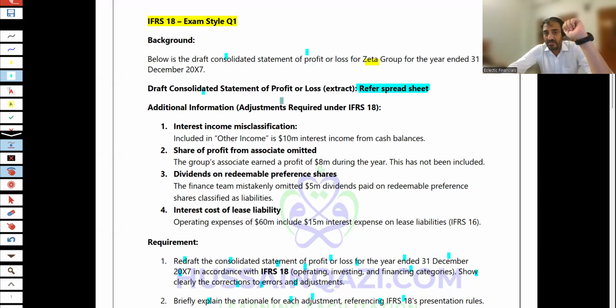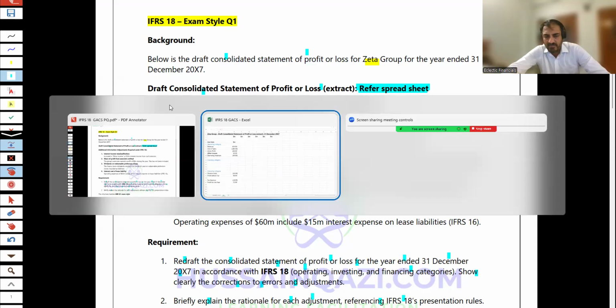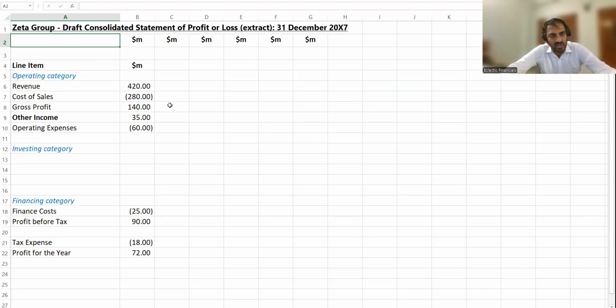The draft P&L extract, but the additional information. First, we need to refer to the draft accounts. This is the draft accounts.